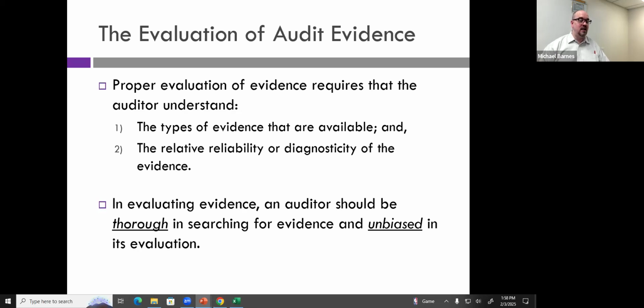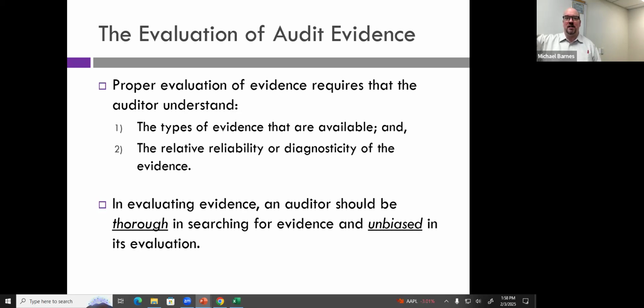And the next bullet point, you'll notice it says, evaluate evidence. An auditor should be thorough in searching for evidence and unbiased in its evaluation. So after the first exam, we're going to talk about professional judgment, some of the tendencies that people tend to exhibit in professional judgment. Has anybody ever heard of confirmation bias? Yes, confirmation bias is a big problem in auditing, as we tend to want to find evidence that confirms what we already believe.